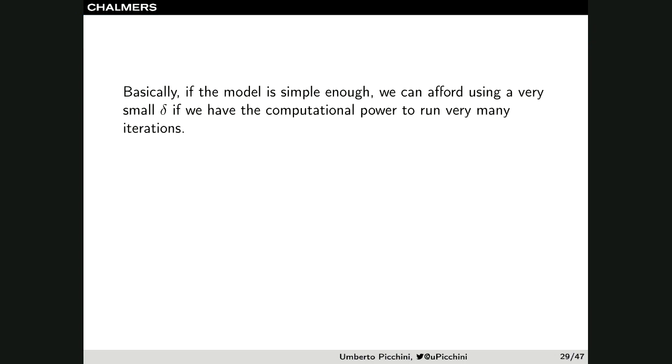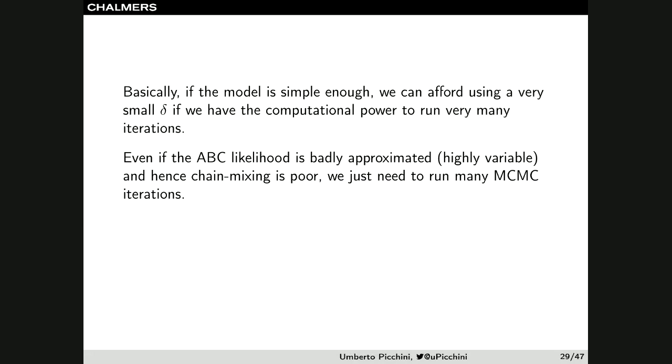So if the model is simple enough, well, there's not really a problem. We can run many, many iterations if we have the computational power to do so. That's always the case with ABC. But this means that, even if the ABC likelihood is poorly approximated, so it's highly variable, and the chain mixing could be poor, we just need to run many MCMC iterations.